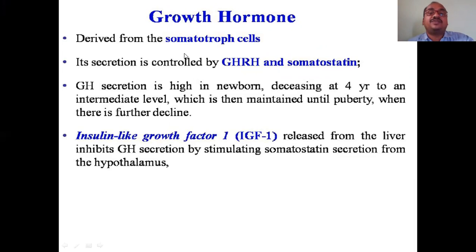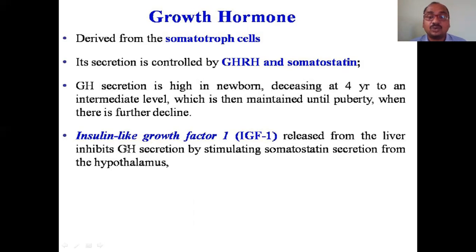Growth hormone is derived from somatotropin cells. The two points are very important: somatostatin stops the growth hormone, whereas tropin increases the growth hormone. Okay, its secretion is controlled by growth hormone releasing hormone and somatostatin.